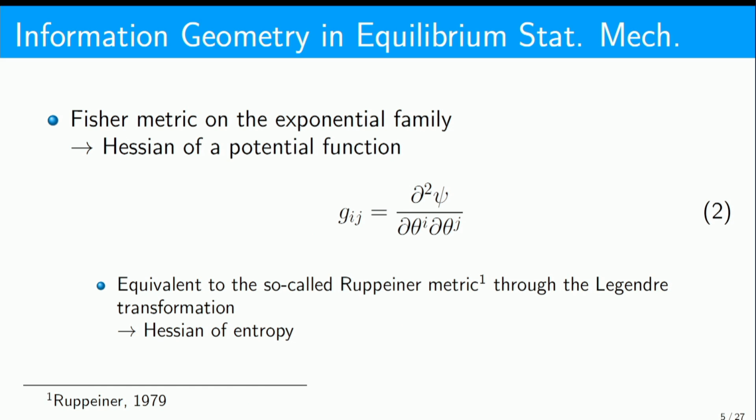Okay. And so we have manifolds, so we can introduce the Fisher metric on this family, and consequently, the metric is the Hessian of a potential like this, and this metric is equivalent to the so-called Ruppeiner metric through the Legendre transformation, which is given by the Hessian of entropy.